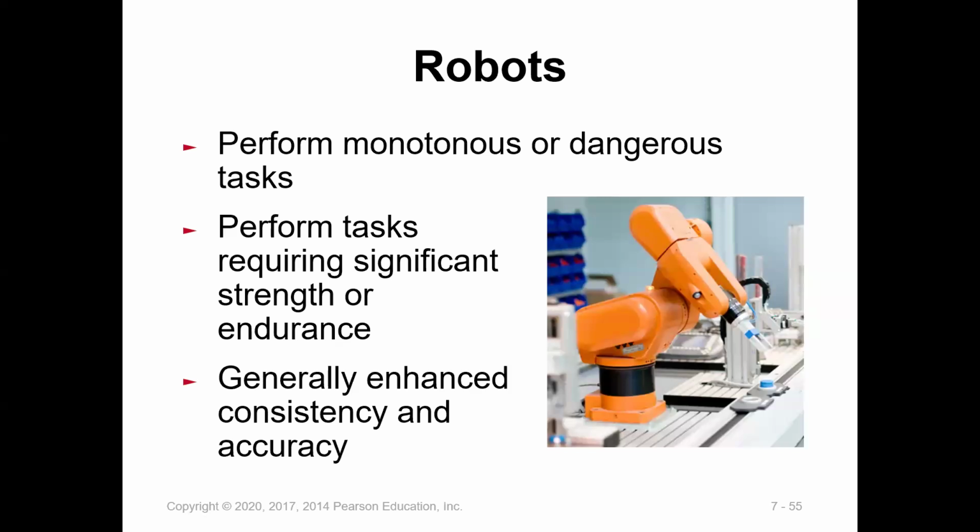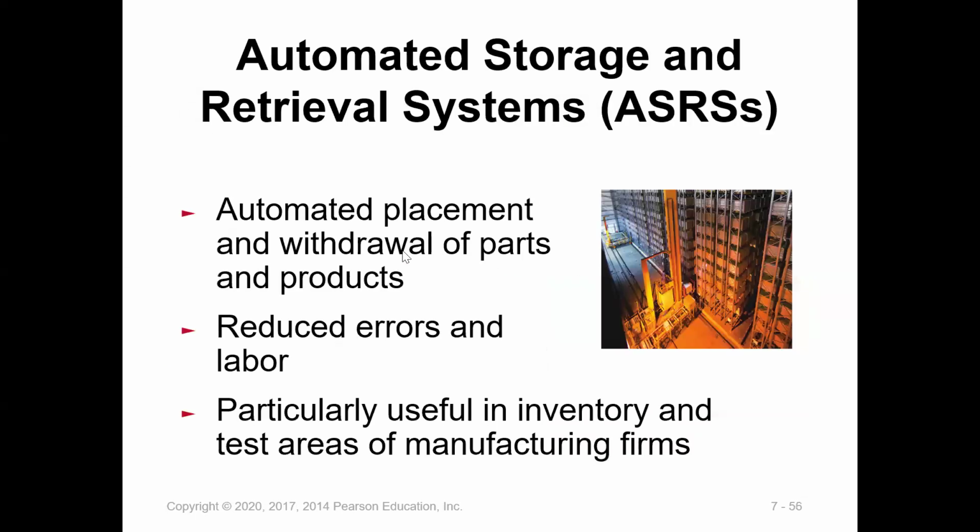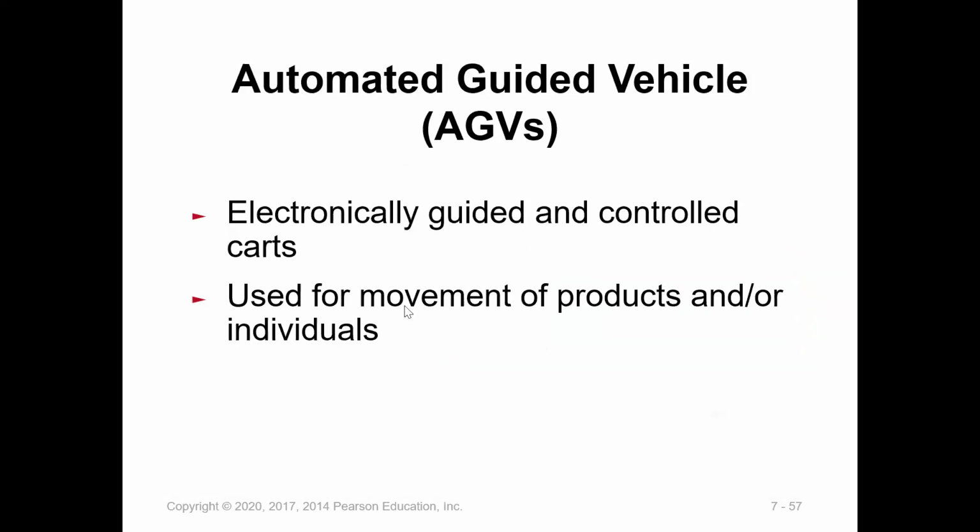They are more accurate than humans, especially for repetitive tasks. And I think we showed a video last week for automation. They are everywhere. Automation, we talked about automation last time.